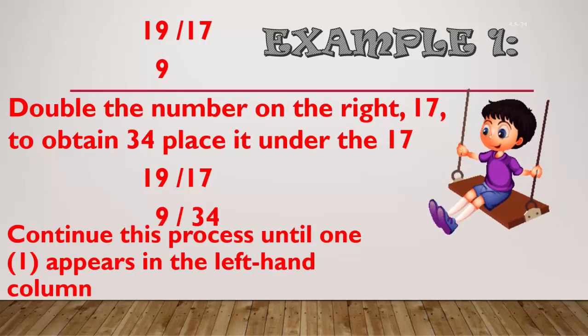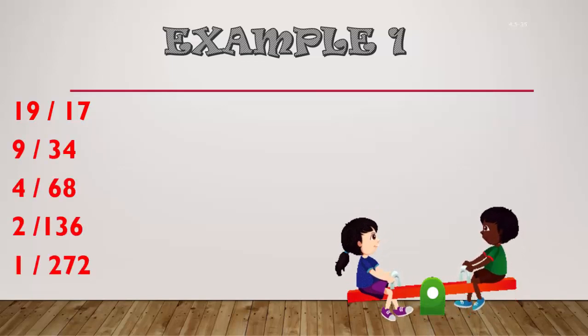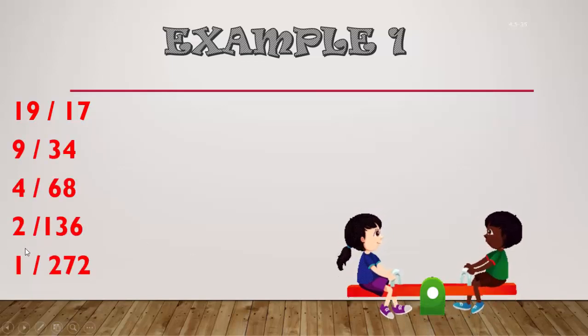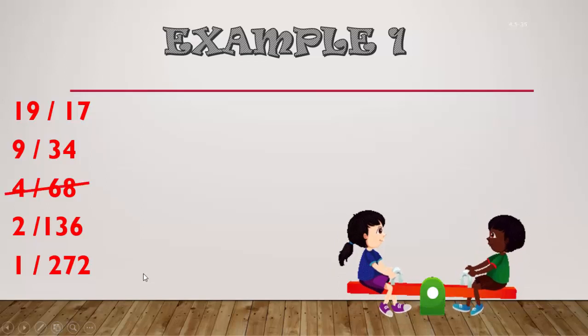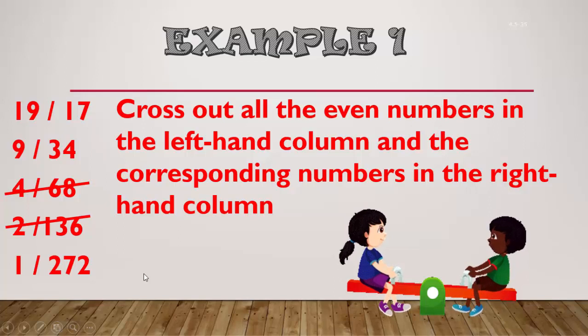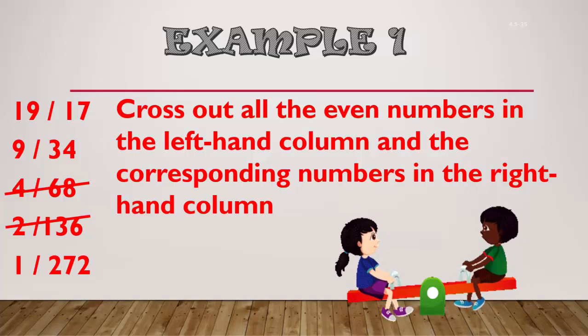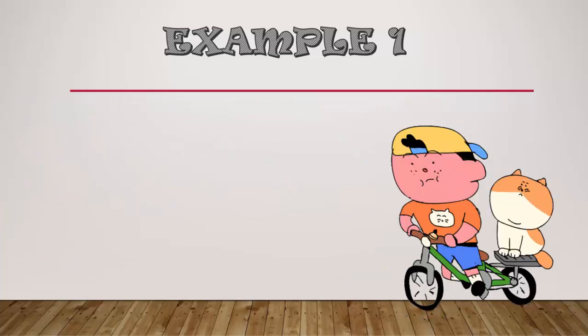Continue this process until 1 appears in the left-hand column. So here we have 1 in the left-hand column. Then I cross out all the even numbers in the left-hand column and the corresponding numbers in the right-hand column.